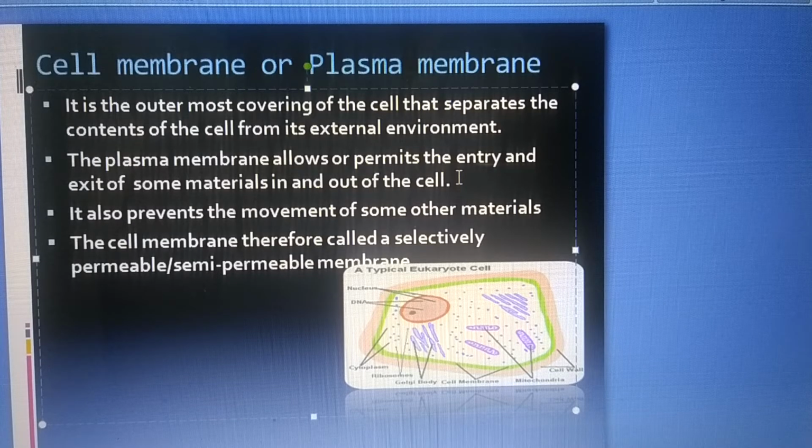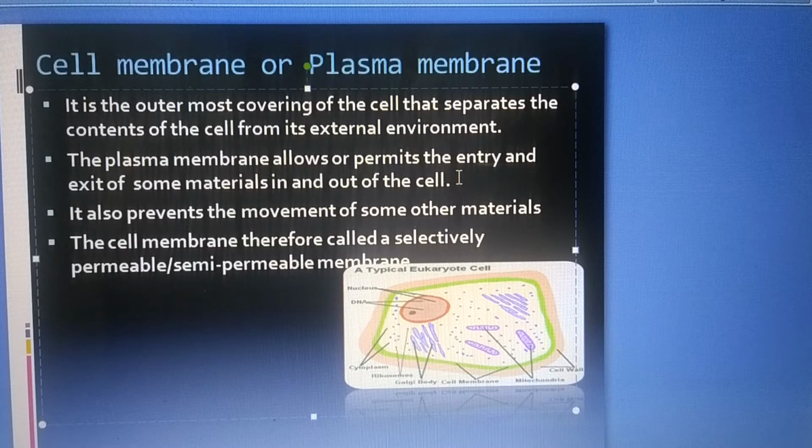Based on what function it is performing, it will allow certain substances to enter and certain substances to go out. It also prevents the movement of some other materials. It is allowing some, and some will be prevented. So it is selecting the substances which it has to allow and which it has to send out.